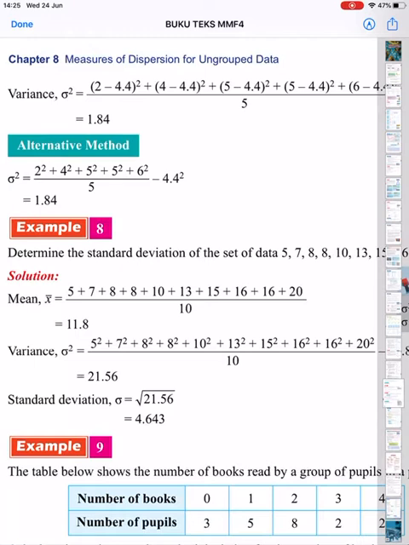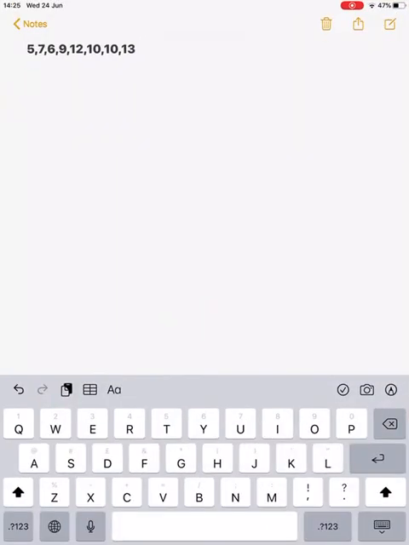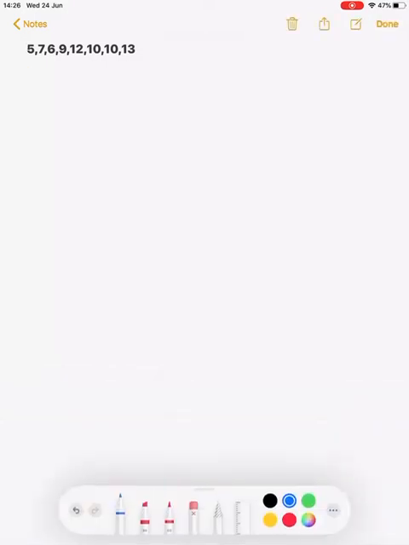So let's try an example. Here I have a set of data: 5, 7, 6, 9, 12, 10, 10, 13. Let's calculate the variance.